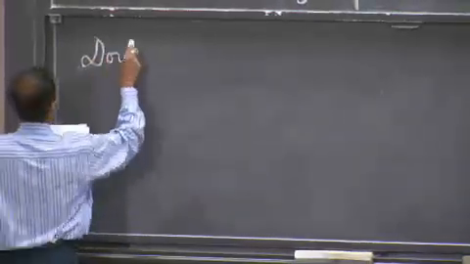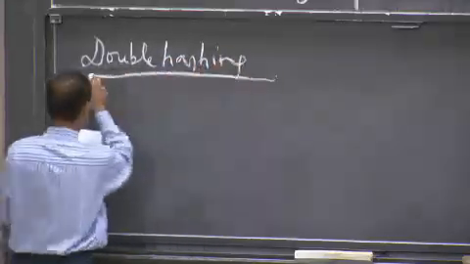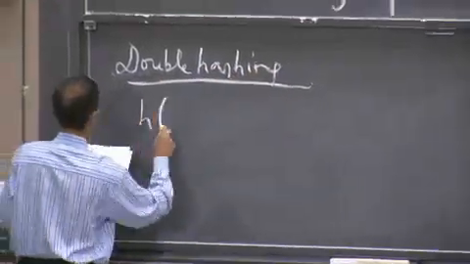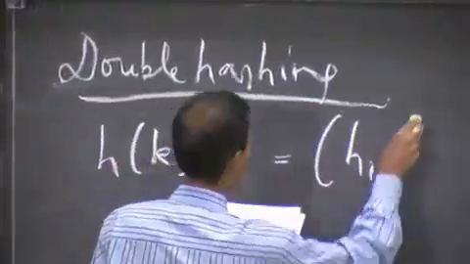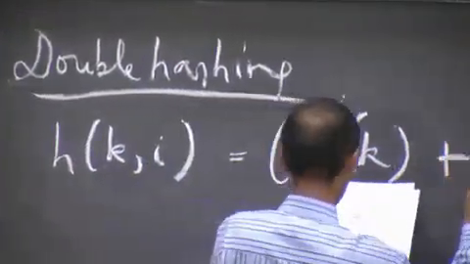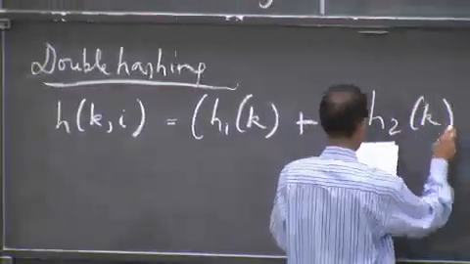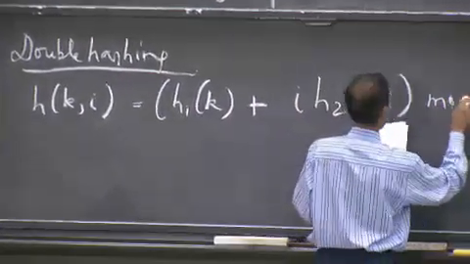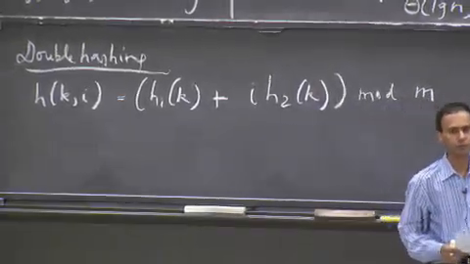And so the notion of double hashing is that you have h(k, i) equals h1(k) plus i times h2(k) mod m. And h1 and h2 are just ordinary hash functions. Okay?